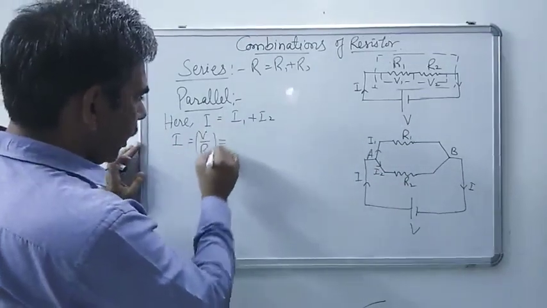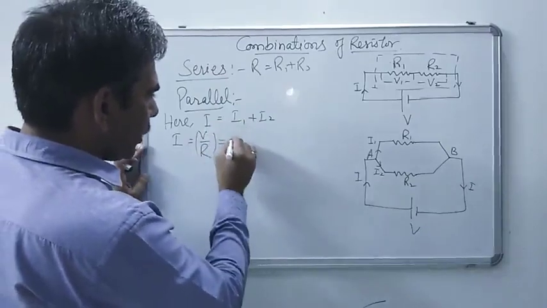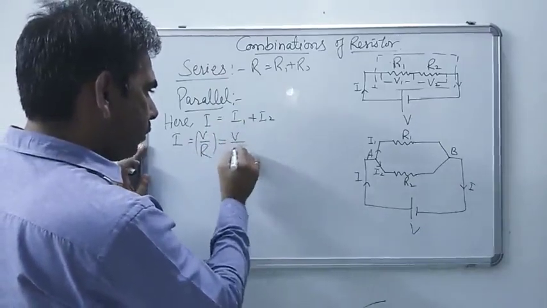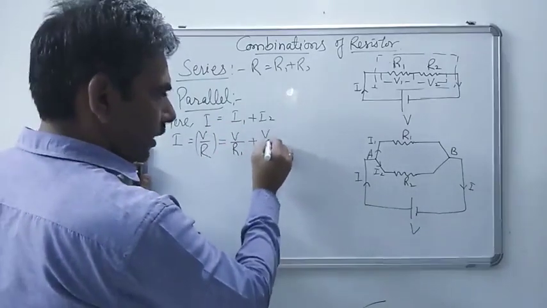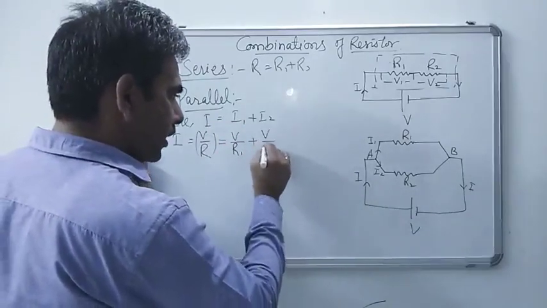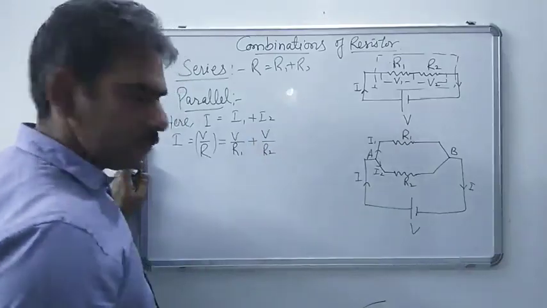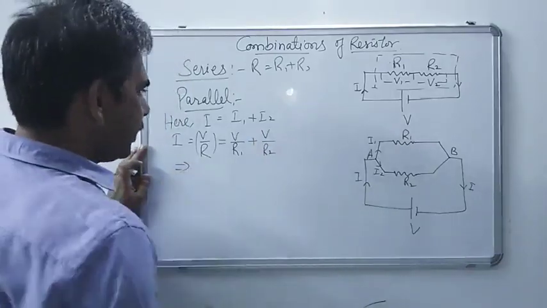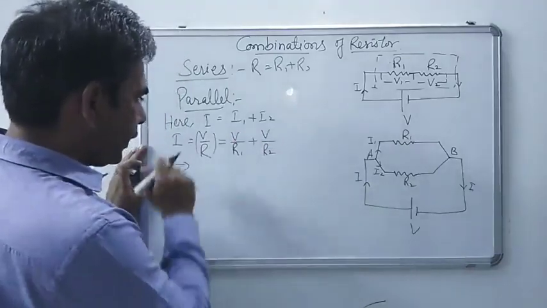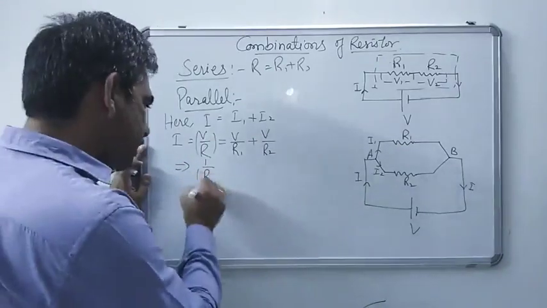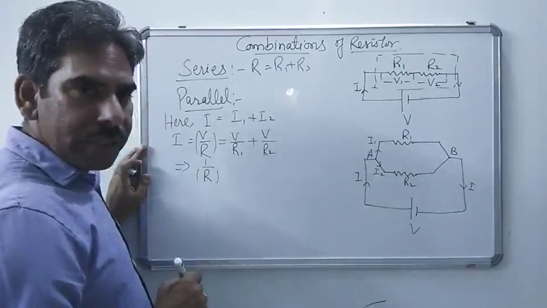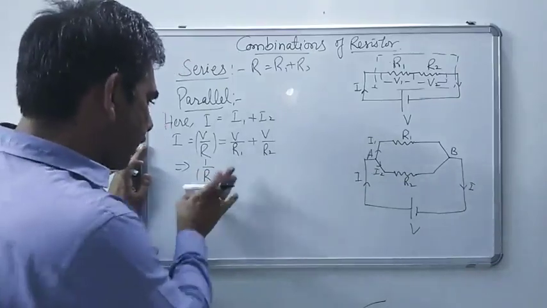We have written I to be V upon R and I1 becomes, potential is same but resistor is R1, plus I2, potential is same, which is V, but resistor is R2. So from here we see that V comes common and it just cancels out, and the formula to calculate the effective resistance R will be calculated by using this formula.